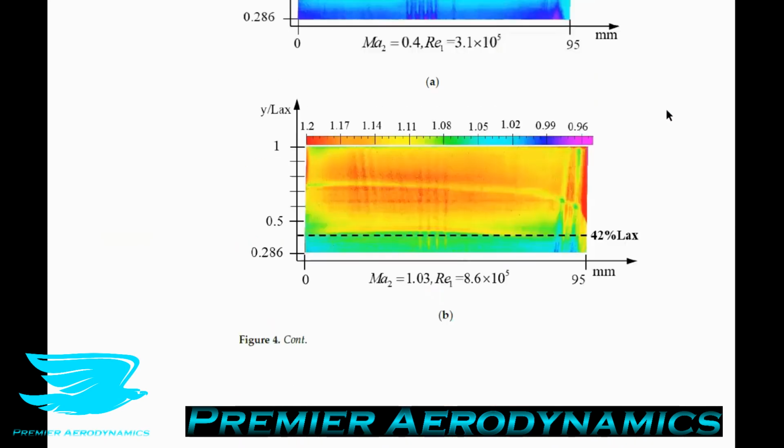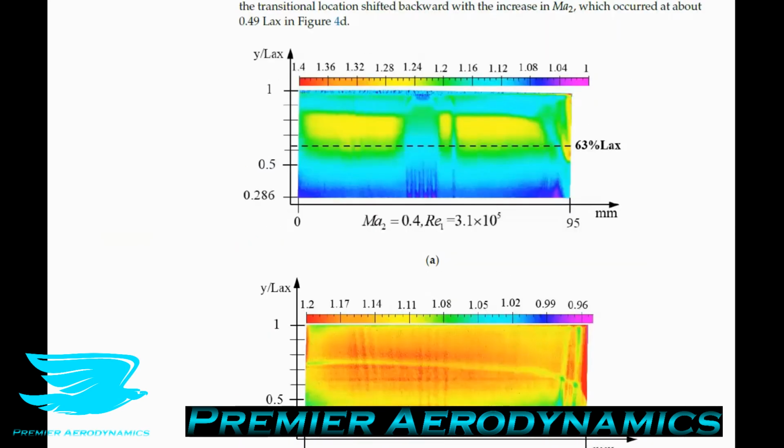Moving on to some of the results now. In figure 4, we're going to be looking at the validation of this data to see if the TSP actually does what it was supposed to do. The TSP measurement results at different outlet Mach numbers and inlet Reynolds numbers are shown in figure 4. Due to the difference in the heat transfer coefficients of laminar and turbulent flows, there was a significant temperature difference between these two sections.